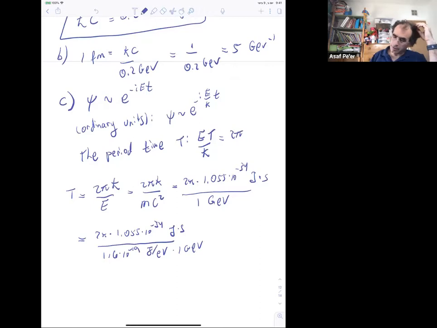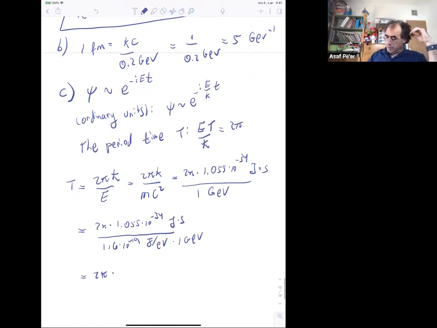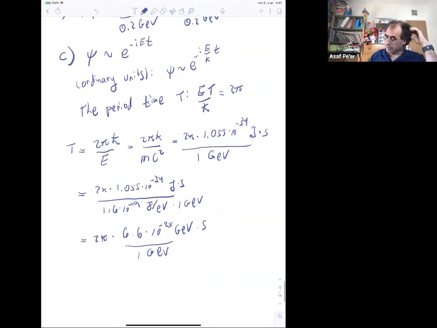I did the conversion to GeV already, so 6.6 times 10 to the minus 25 GeV times second divided by 1 GeV. So it's about 4 times 10 to the minus 24 seconds. Quite short.